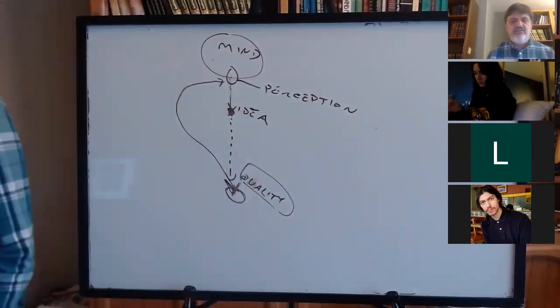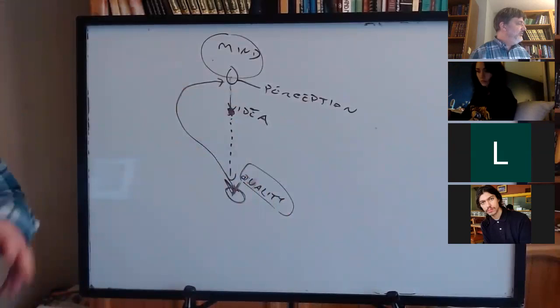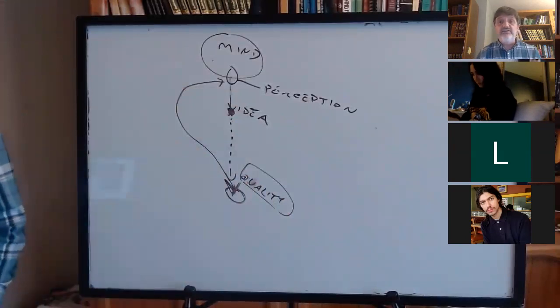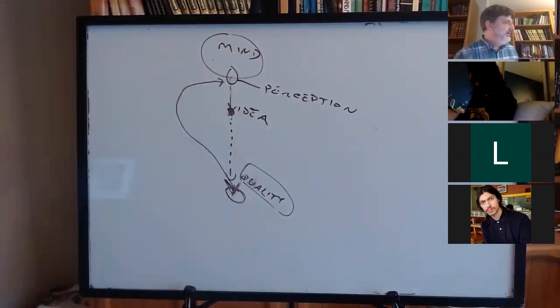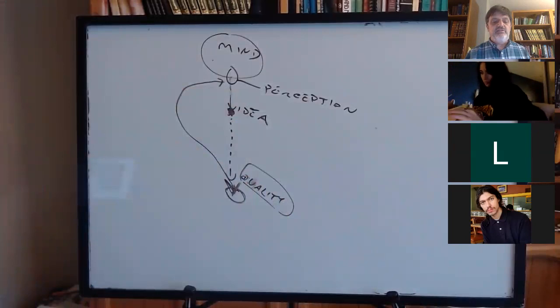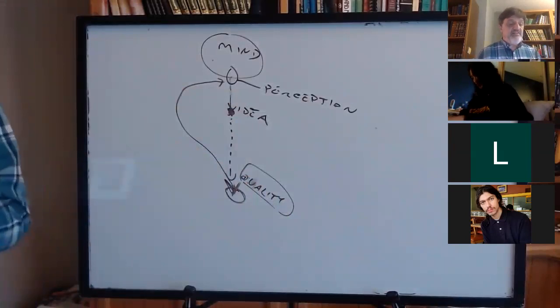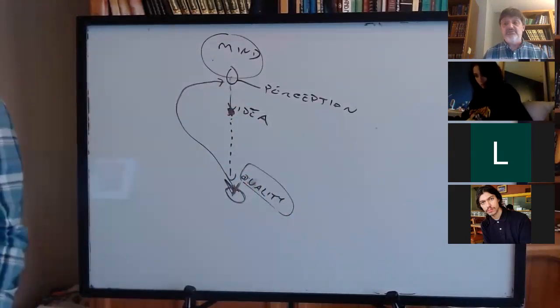So in what sense, nevertheless, does Locke think that only primary qualities are really in the body and secondary qualities are not? So the answer, I think, is that both primary and secondary qualities are a power that's in the body, namely a power to cause a certain perception in me.